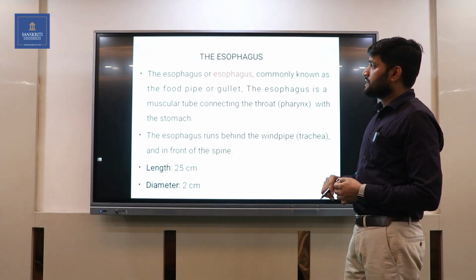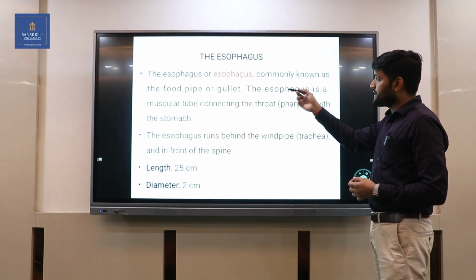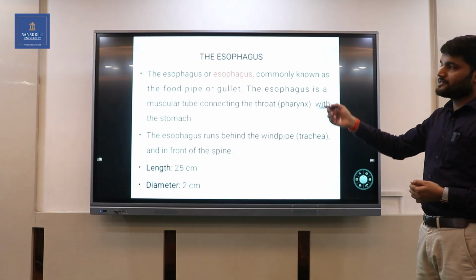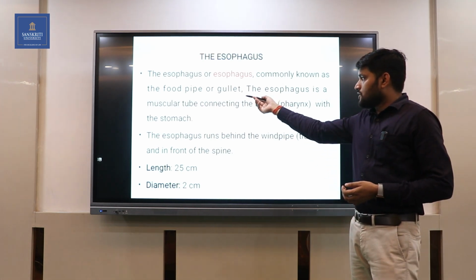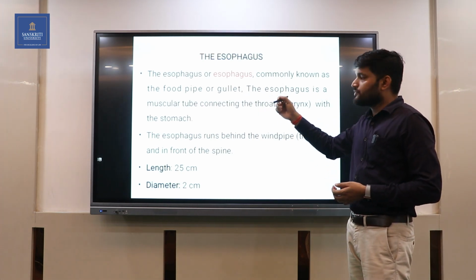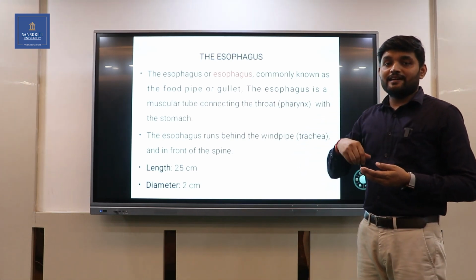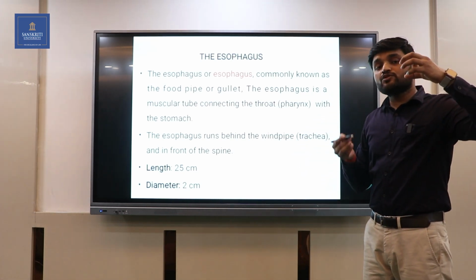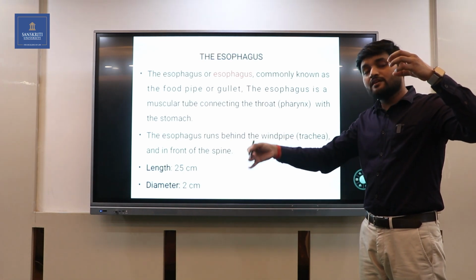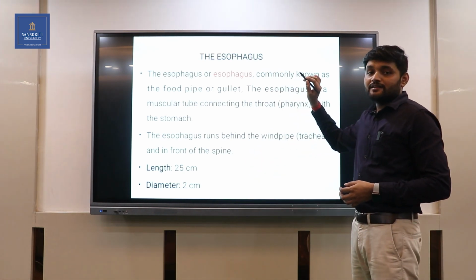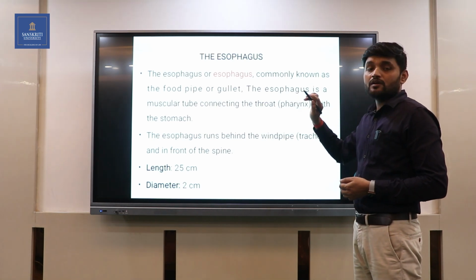Esophagus. After the pharynx comes the esophagus, commonly known as the food pipe or gullet. It is called the food pipe because it carries food from the mouth to the stomach. That's why the esophagus is also known as the gullet or food pipe.